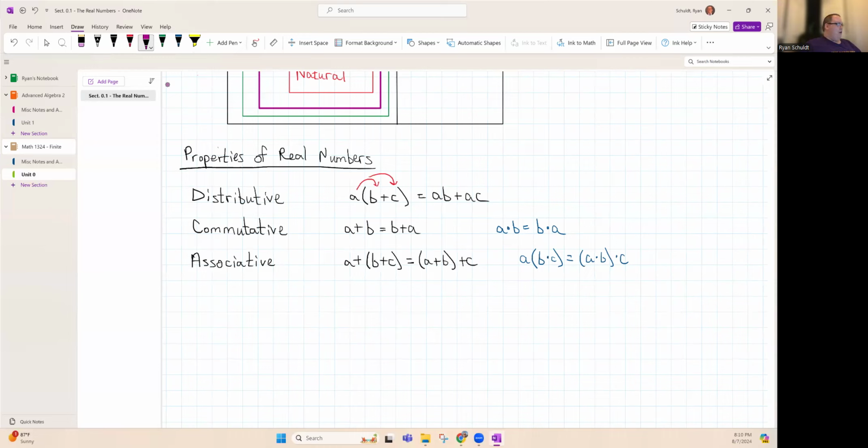This example is also commutative because I could say A times B times C is equal to B times A times C. So multiplication is both commutative and associative. If you're just multiplying everything together, it's both commutative and associative.